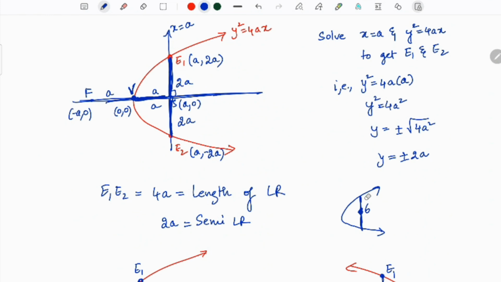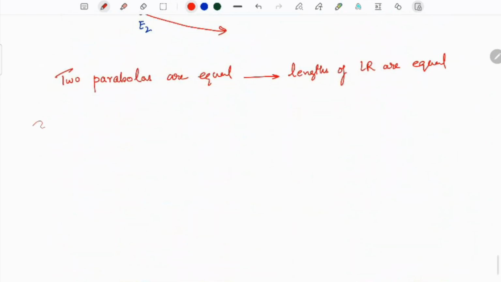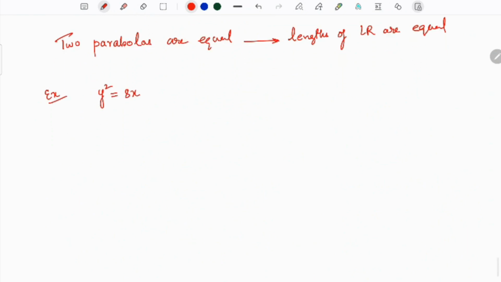All right. Okay, let's do one example and then we'll wind up today's class. Let's take y square is equal to 8x.